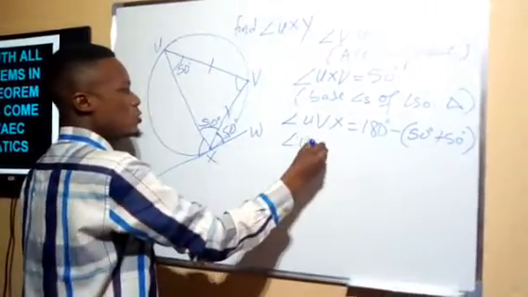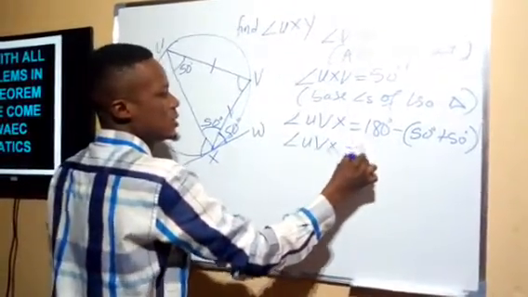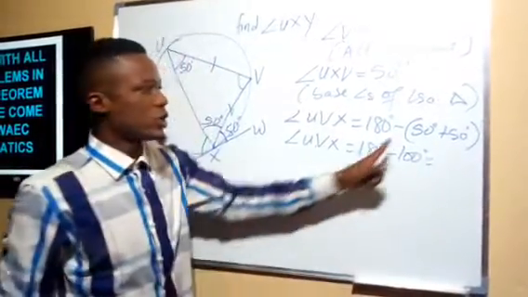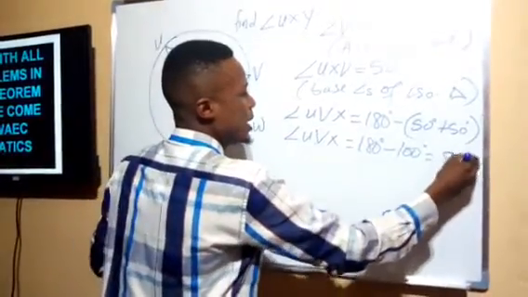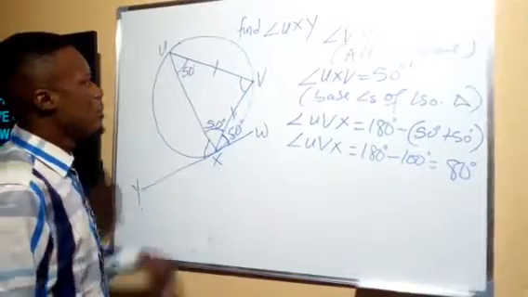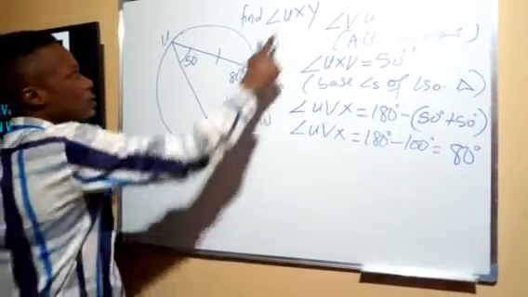So angle UVX will give us 180 degrees minus 100. Because when I sum 50 and 50, I'm getting 100. When I subtract, it's giving me 80 degrees. So this angle here is 80 degrees. But we are not looking for this angle. Our target is to get this angle according to the question.